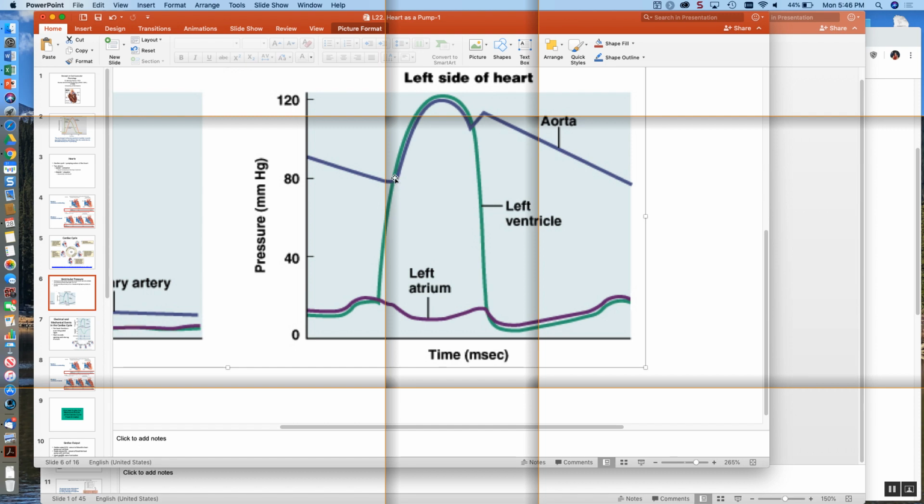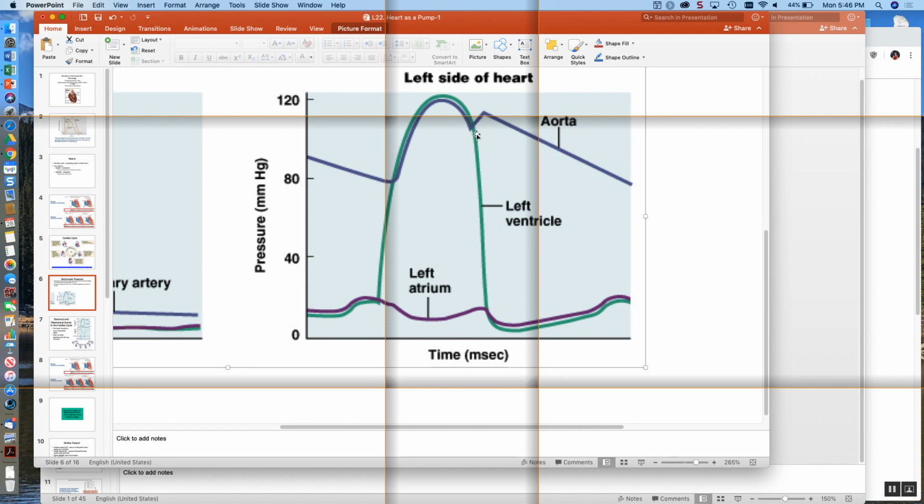Okay? So then the blood is ejected into the aorta. We get the T wave, and now the ventricle starts to relax. As soon as the pressure in the ventricle falls below the pressure in the aorta, that's when semilunar valves shut.